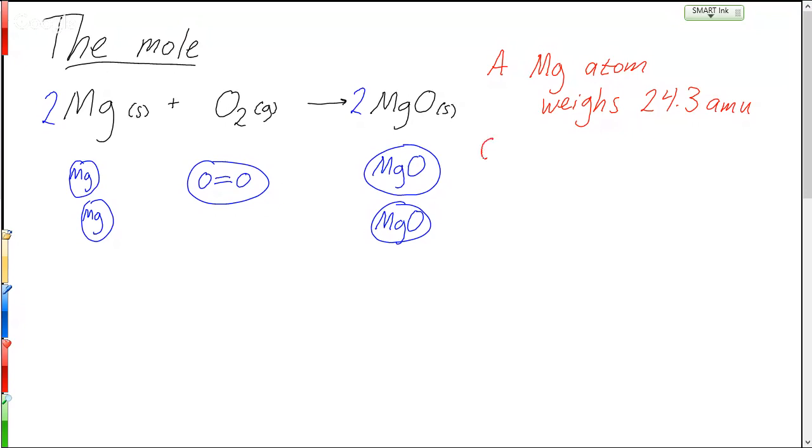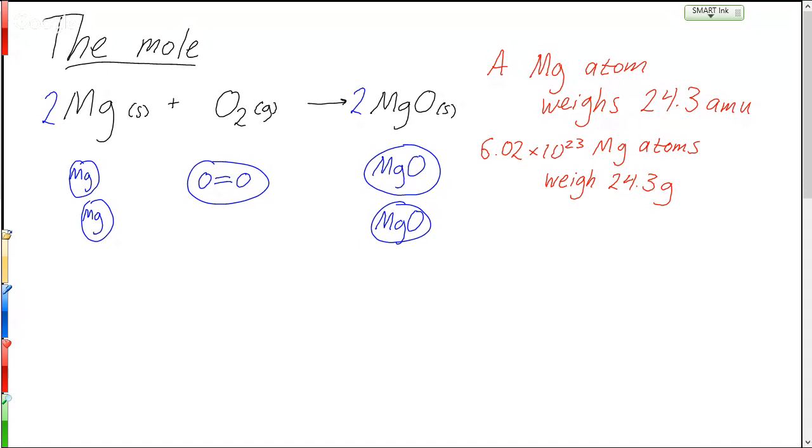If we have a whole bunch of magnesium atoms, specifically about 6 times 10 to the 23rd, which, if you don't know scientific notation, means a 6 with 23 zeros behind it, a huge, huge number, if we take that many magnesium atoms, we would say those weigh 24.3 grams. And now that's a unit we can actually deal with.